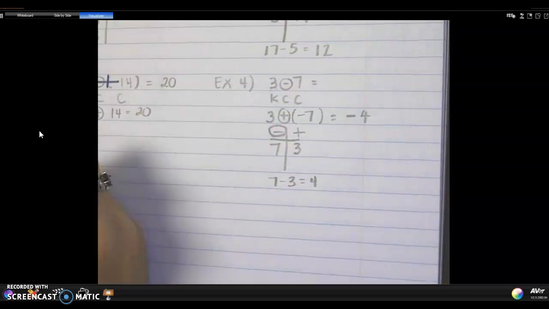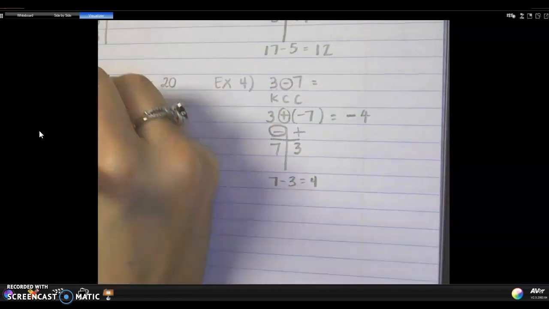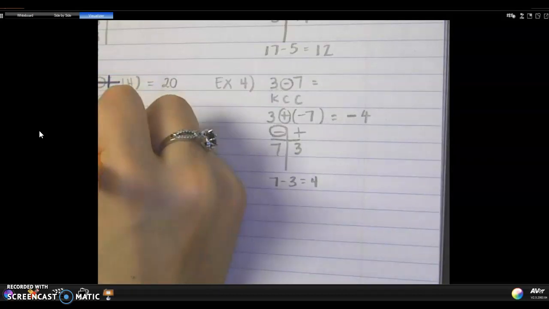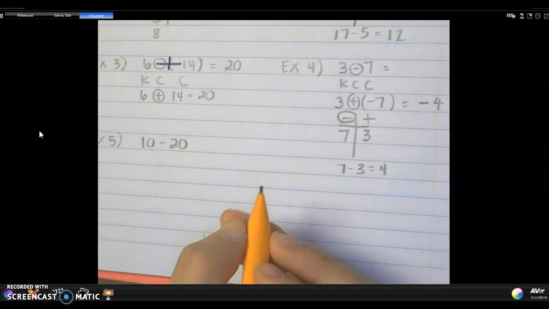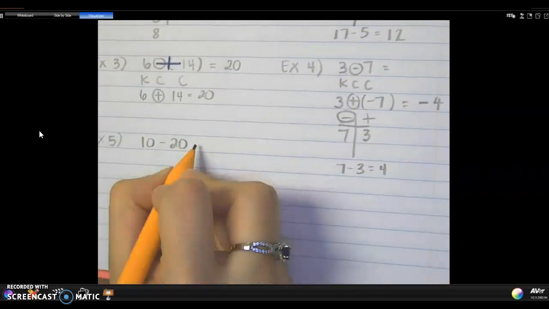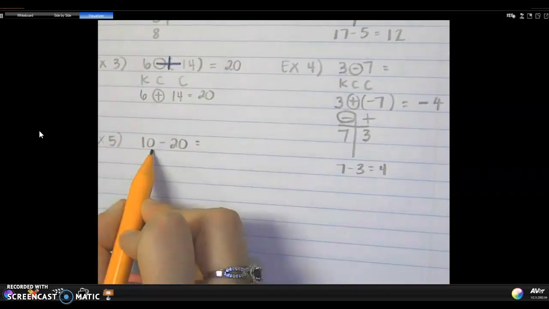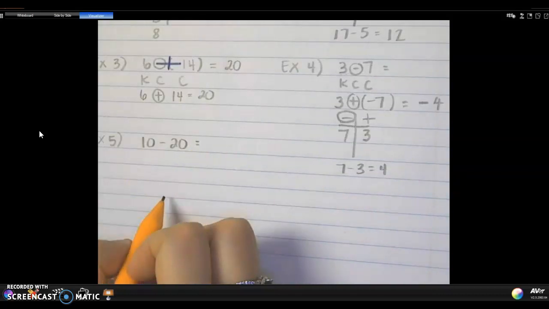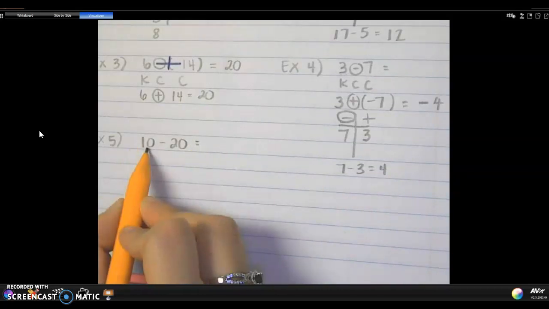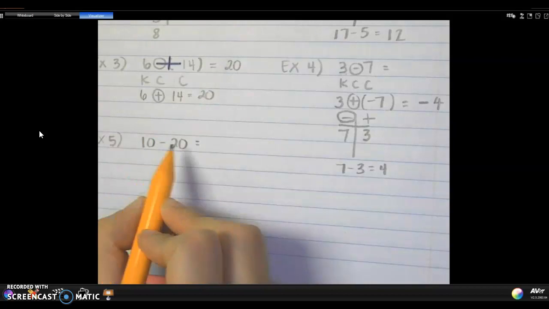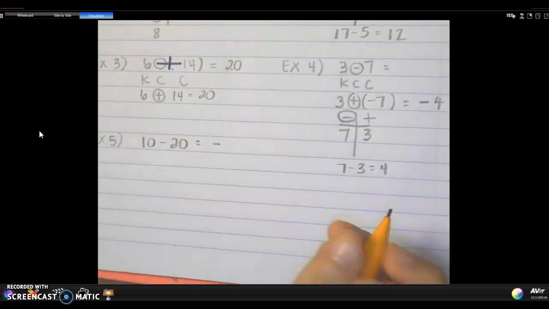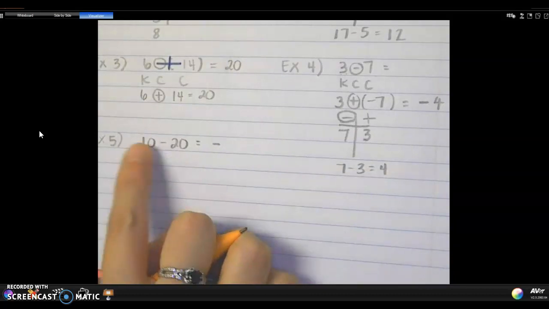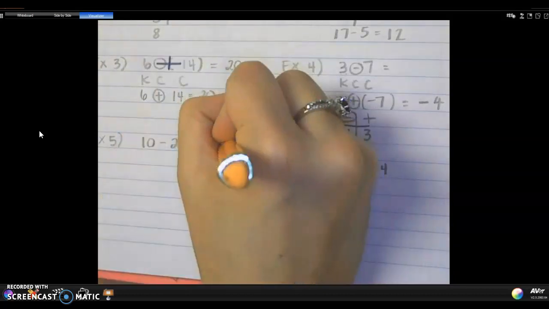So just like, let's see, example 5. 10 minus 20. This is a little quick shortcut. They're both positives, okay? I have $10 and I spent 20. I can't do that. I can't have my first number be smaller than my second, so my answer is a negative, and then we're just going to work backwards. 20 minus 10 is 10.